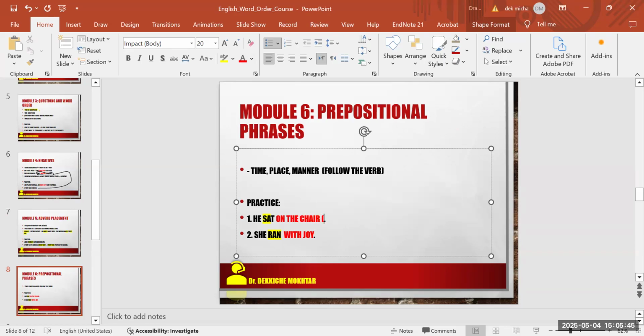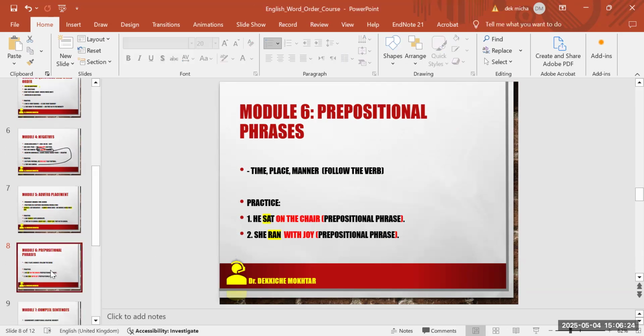This is a prepositional phrase. With joy is a prepositional phrase, and on the chair is a prepositional phrase, and they follow the verb immediately.